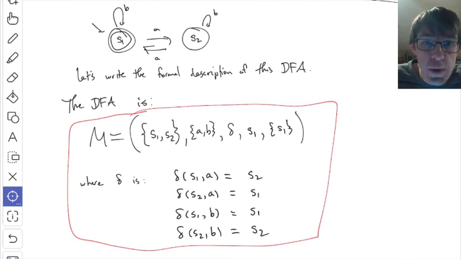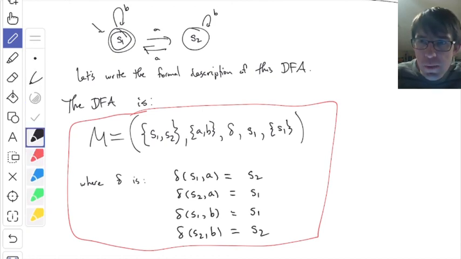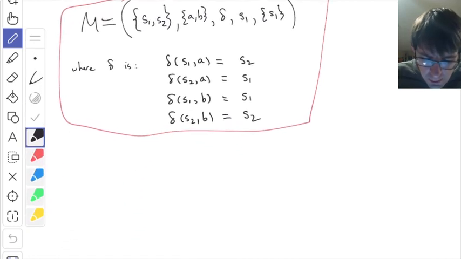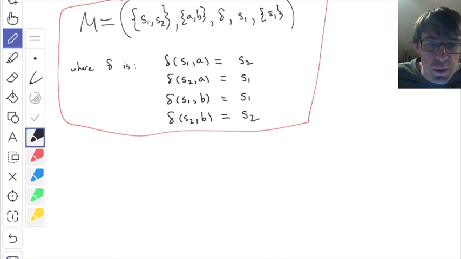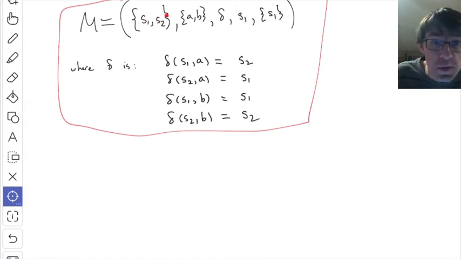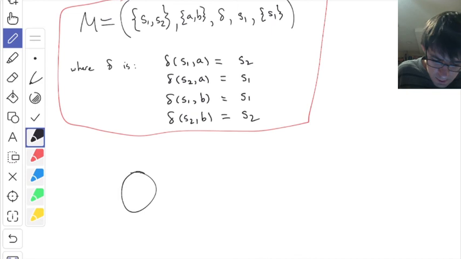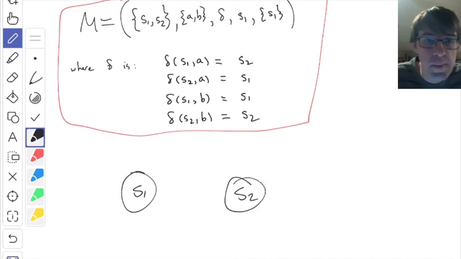If I give you the formal description, it's not hard to draw a picture of the DFA, right? Let's just imagine. I don't think we have enough time to invent another example, but could you look at this formal description and generate the picture just from that? I think you could. You know that there are 2 states, for instance. So if I wanted to reconstruct the picture, I could just start with 2 states, right?